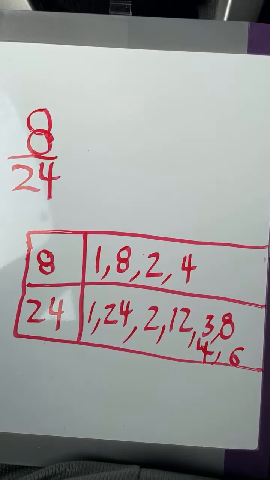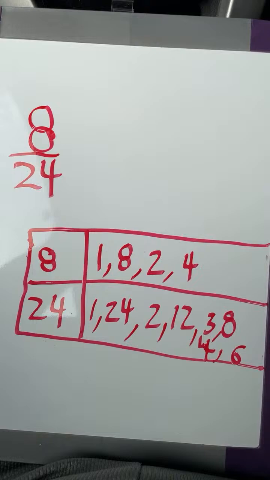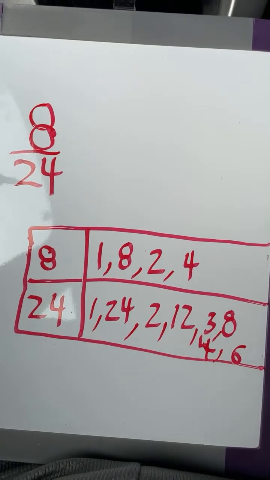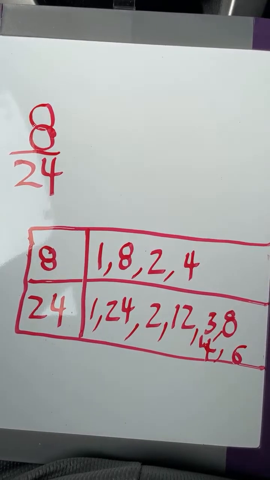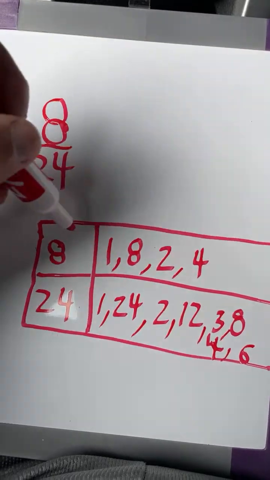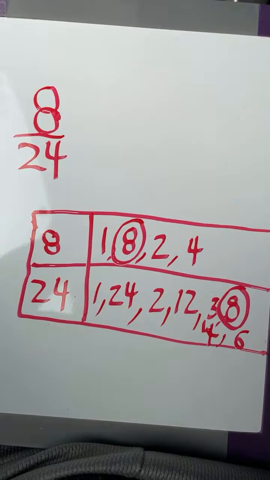Even though 24 is the biggest number listed and 12 is the second biggest number listed, 12 is not a factor of 8. 24 is not a factor of 8. So the greatest common factor here, let's see, 8 is a factor of 8, and 8 is a factor of 24. So 8 is the greatest common factor.